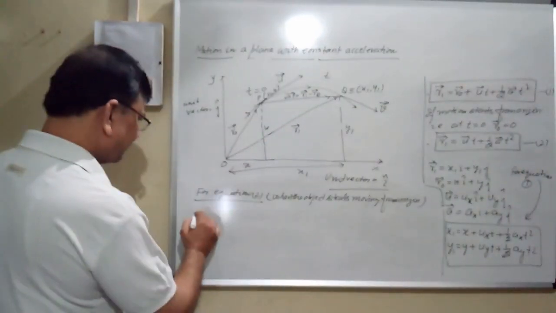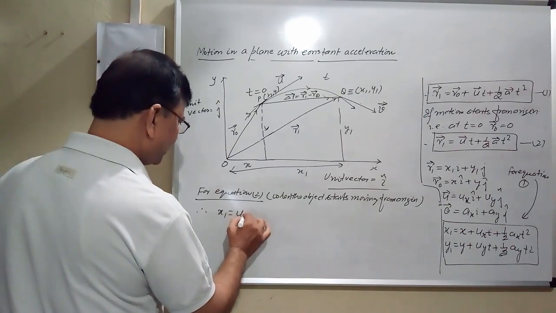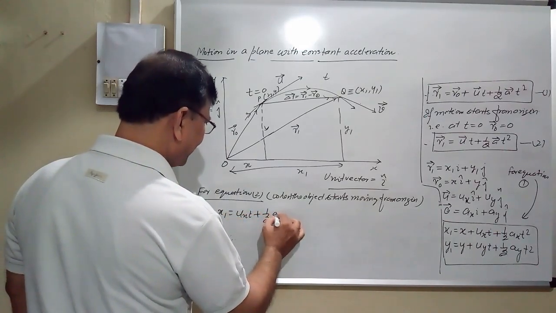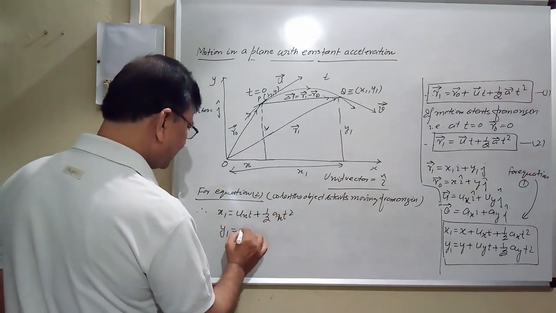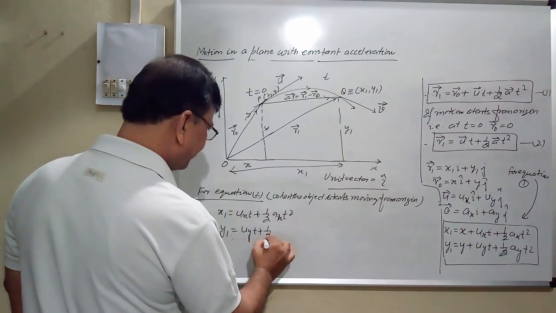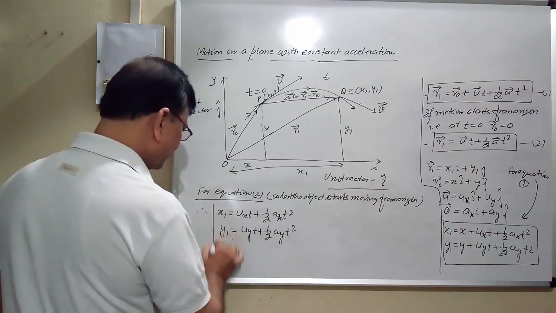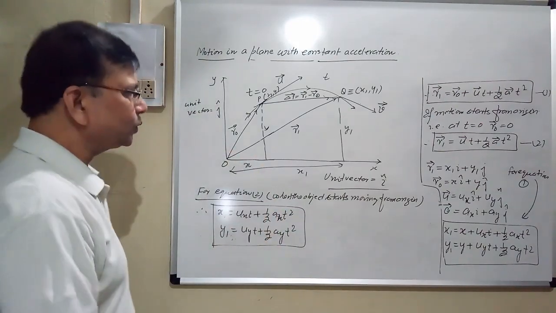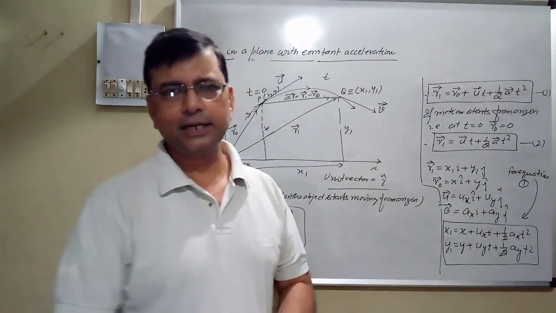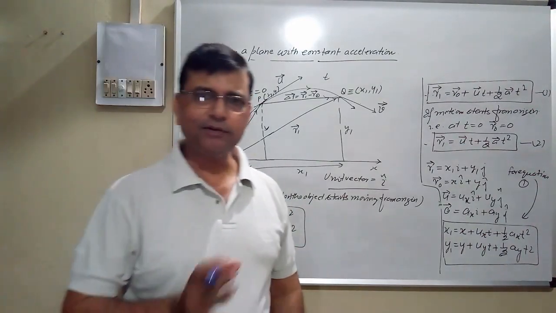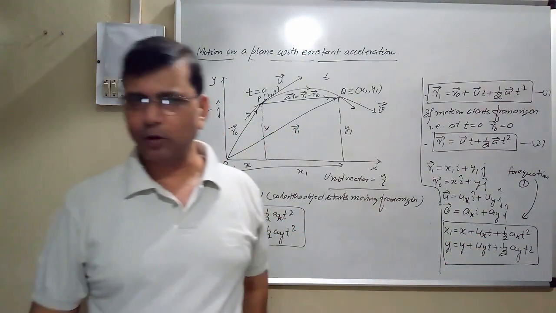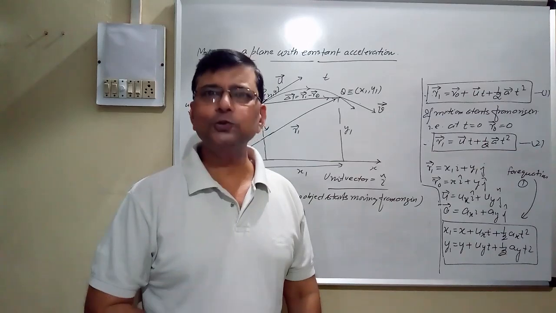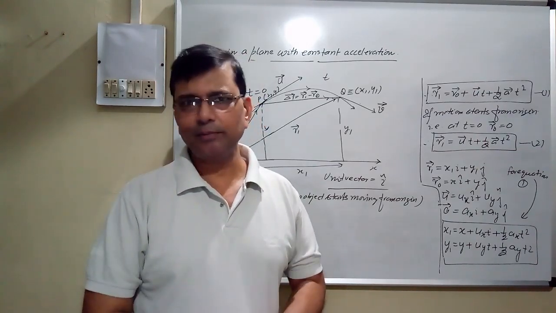So directly we can write, in place of x and y, these things won't be there. Therefore, x1 is equal to uxt plus half axt square, and y1 is equal to uyt plus half ayt square. This will be the relation, and these two pertaining to velocity and acceleration, two equations we derived. So these equations will be used very frequently along with these equations to solve the numerical problems. So we will take some numerical problems also based on these equations, then concept will be more clear.